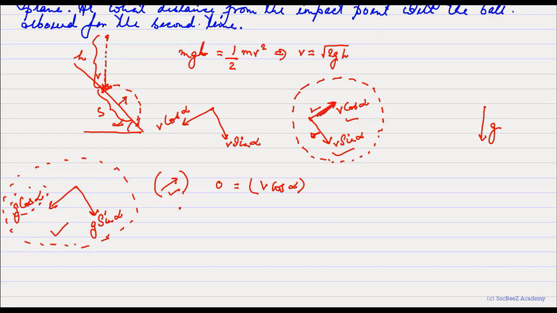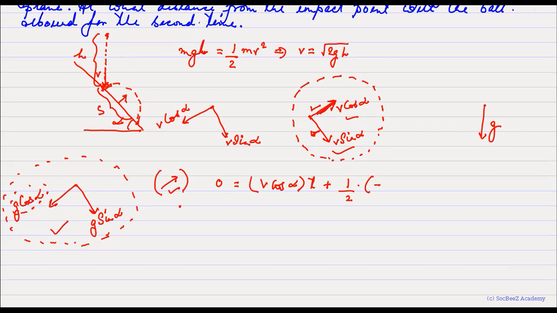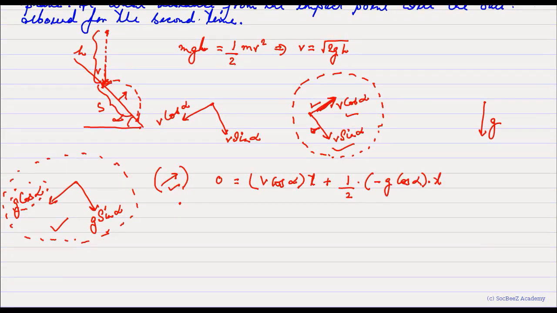So v cos of alpha t plus half into, I'll write minus g cos of alpha, into t square.